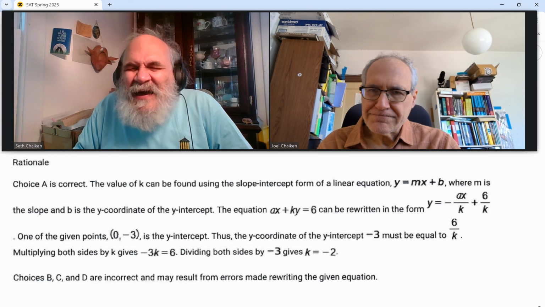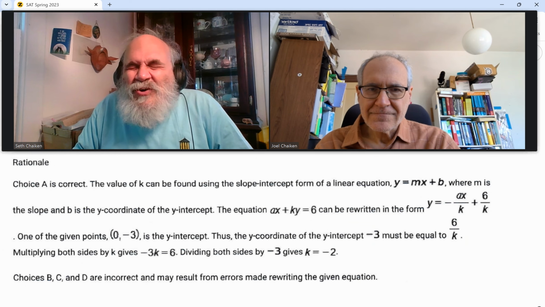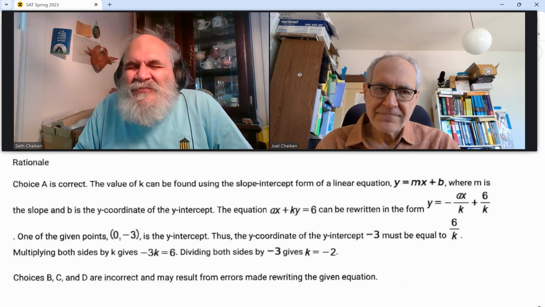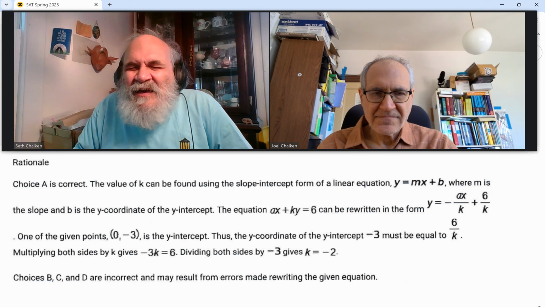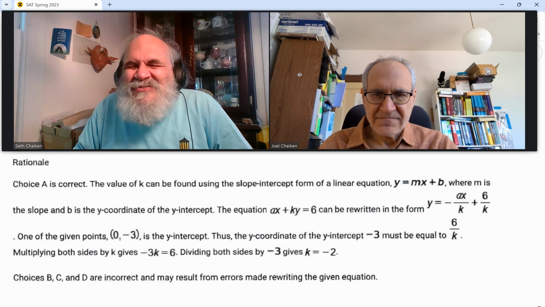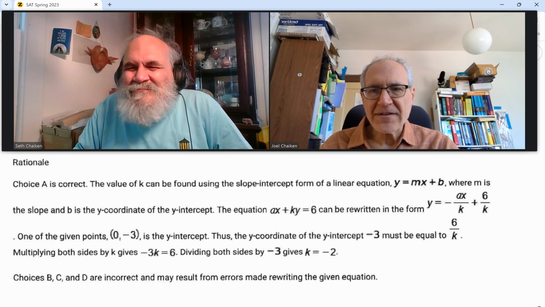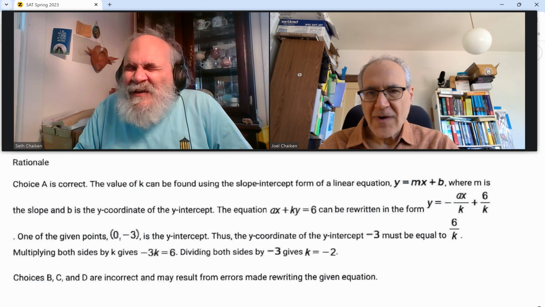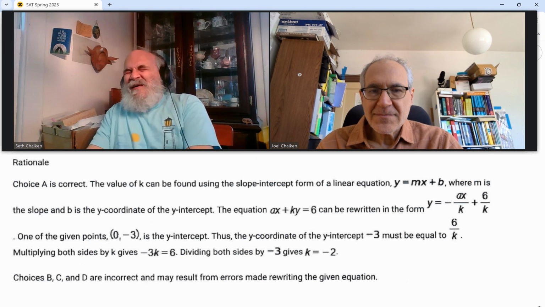Well, that fails, because without further information about a and k, k might have been 0, in which case there's no y equals mx plus b form. Wow, this is really disappointing.